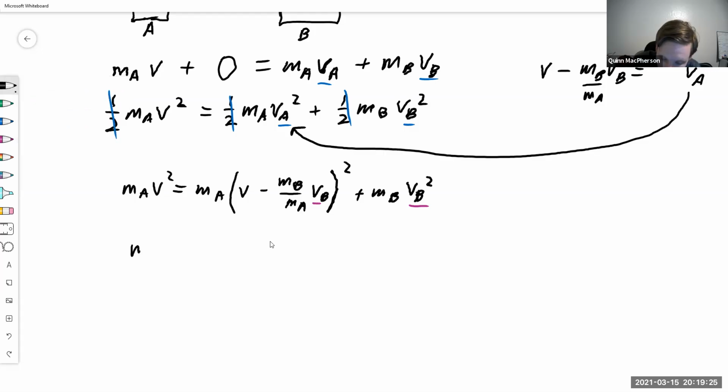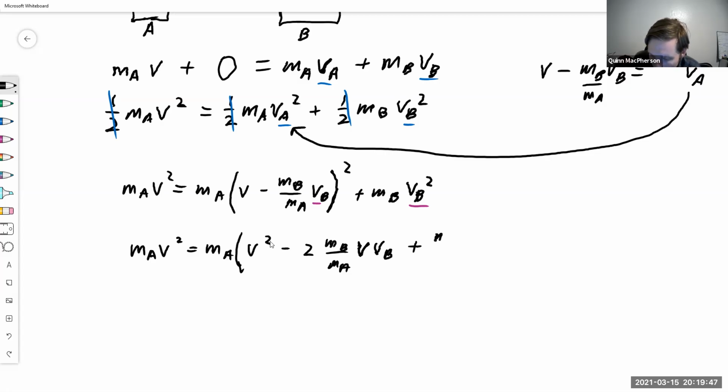If I do that, I get MA V squared is equal to MA times parentheses V squared minus 2 MB over MA V times VB plus MB squared over MA squared VB squared, plus MB VB squared.